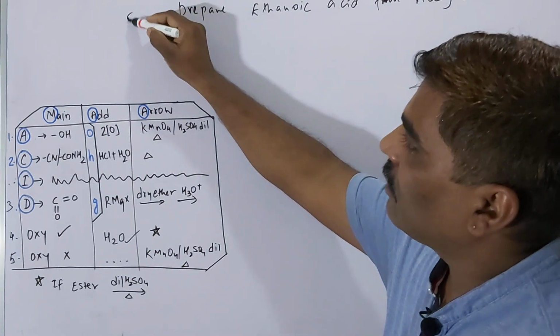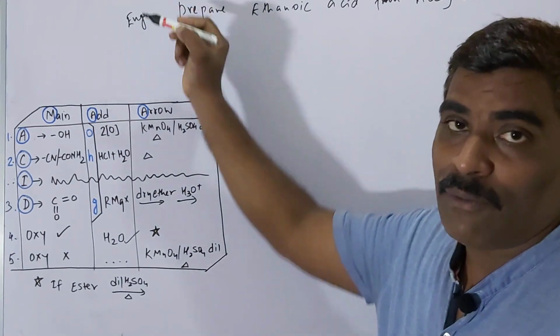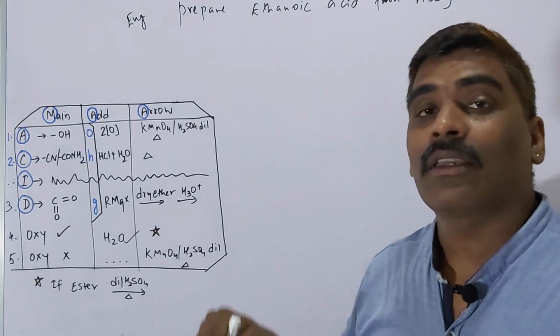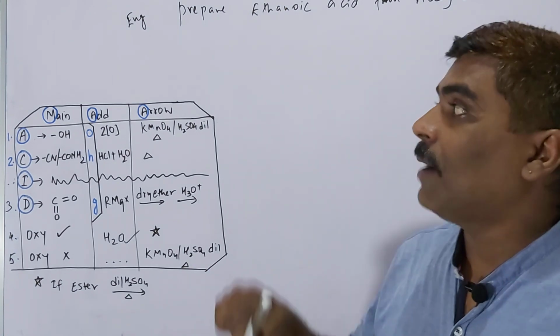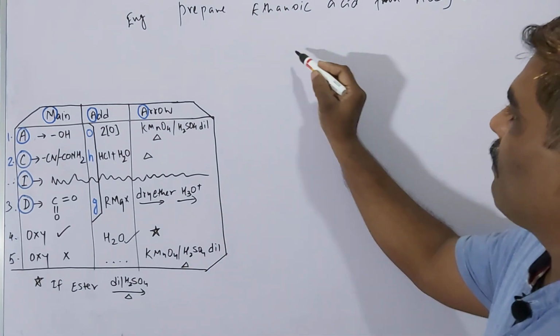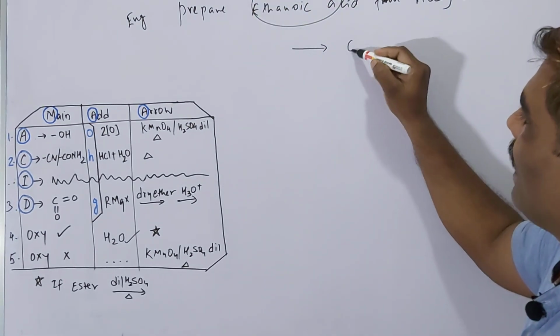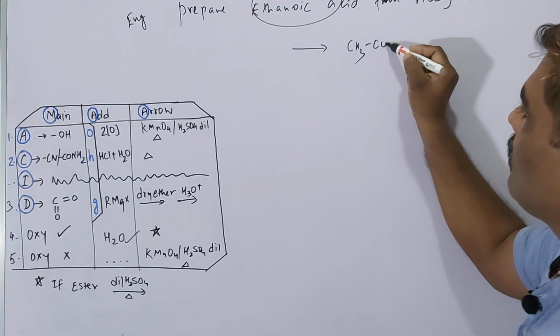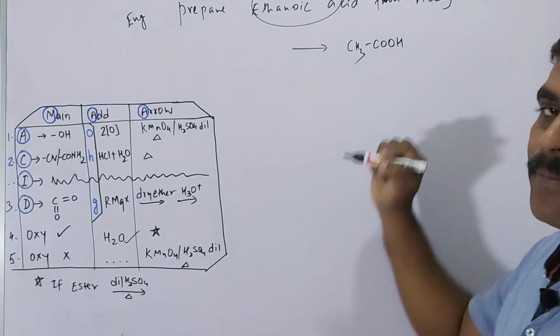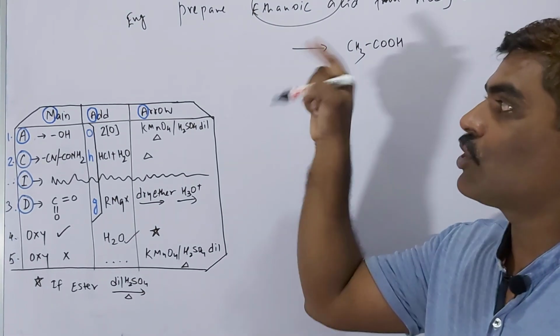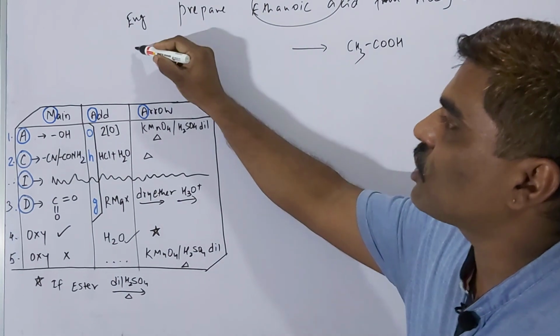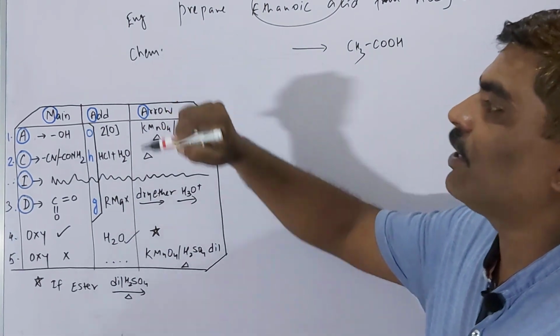The question is given in English language. You have to write it in the language of chemistry. Now what is the language of chemistry? In chemistry language, this ethanoic acid can be written as CH3COOH. So first write the question in the language of chemistry, convert that.